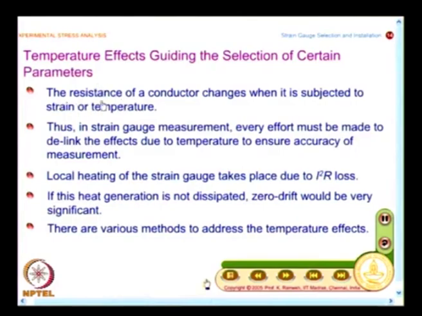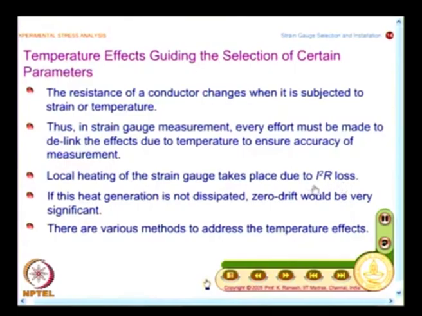The basic idea is the resistance of a conductor changes when it is subjected to strain or temperature. And the question of temperature change, how does it come on a strain gauge? Local heating of the strain gauge takes place due to I squared R loss.